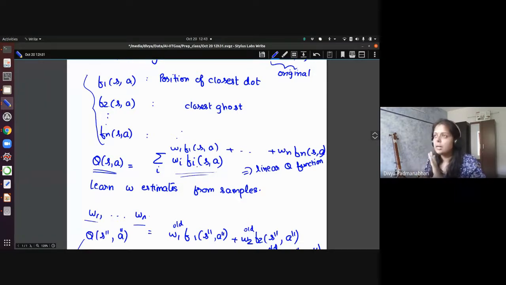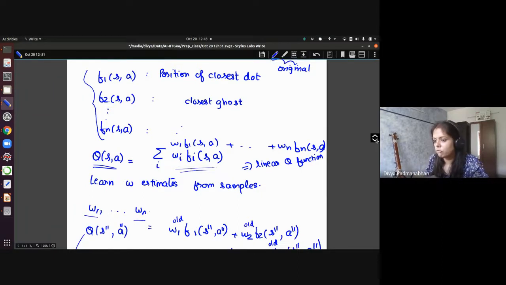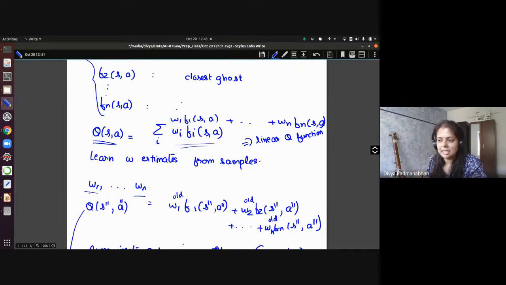The only thing you have to ensure is that you're able to learn properly. In the case of this model, there are just these n parameters that you have to estimate, and it depends also on the amount of data that you have. Nowadays, people have started using deep learning kind of functions here, some kind of a neural network in this Q function.